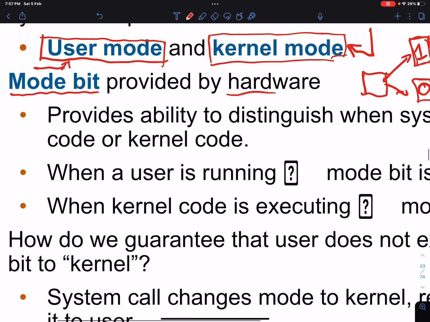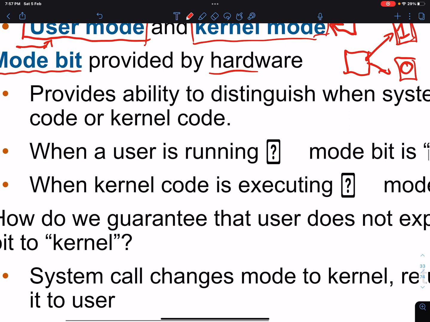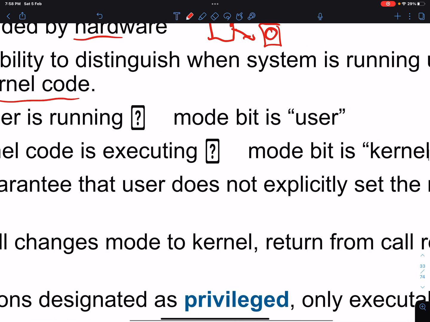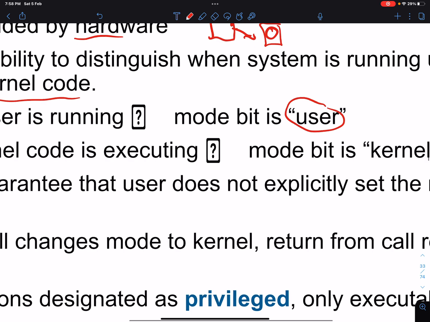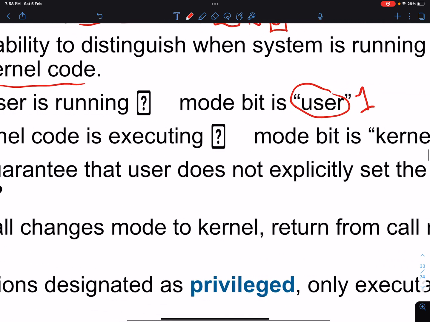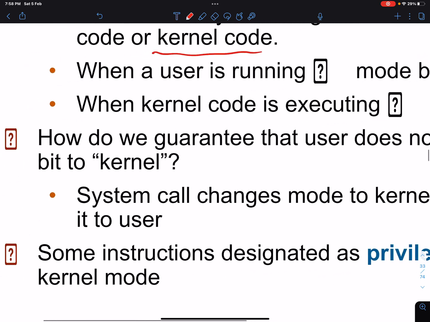This provides the ability to distinguish when the system is running user code or kernel code. When a user is running, the mode bit is user, let's say this is 1. When kernel code is executing, the mode bit is kernel, let's say this is a 0.